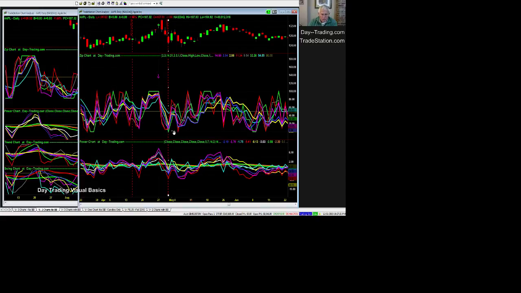Zip red and swing pink are your two fastest moving lines on all 4 charts. The zip indicators, as a general rule, are much faster than any of your other indicators. Hence, why they're on that chart.